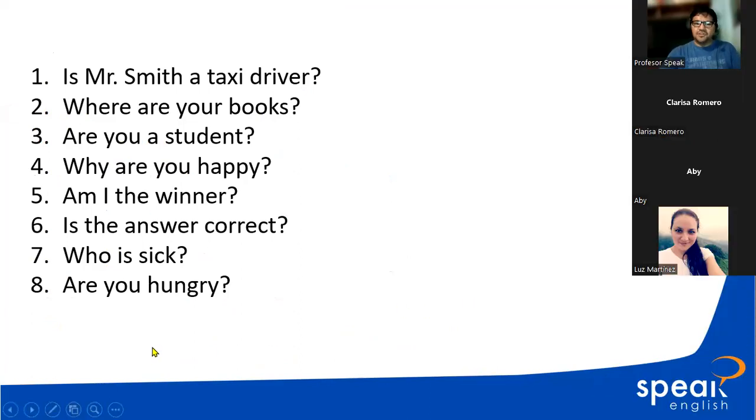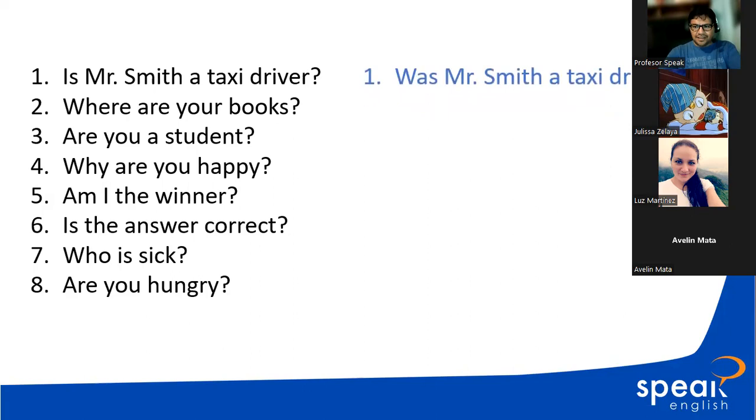For example, the first one says, is Mr. Smith a taxi driver? How can I rewrite this in the past tense? Was Mr. Smith a taxi driver? That is correct.